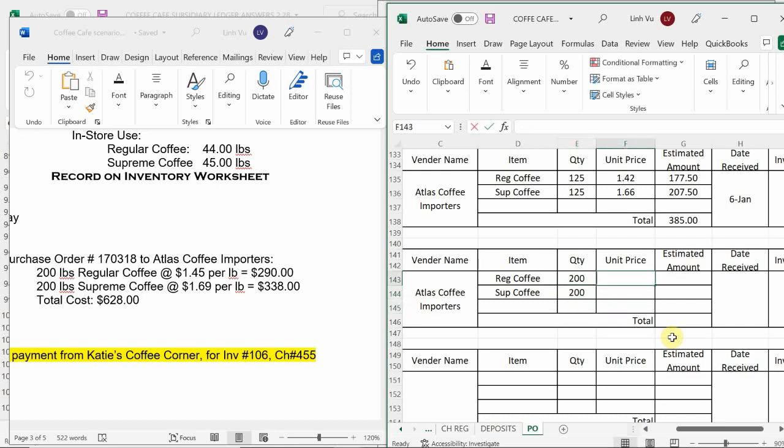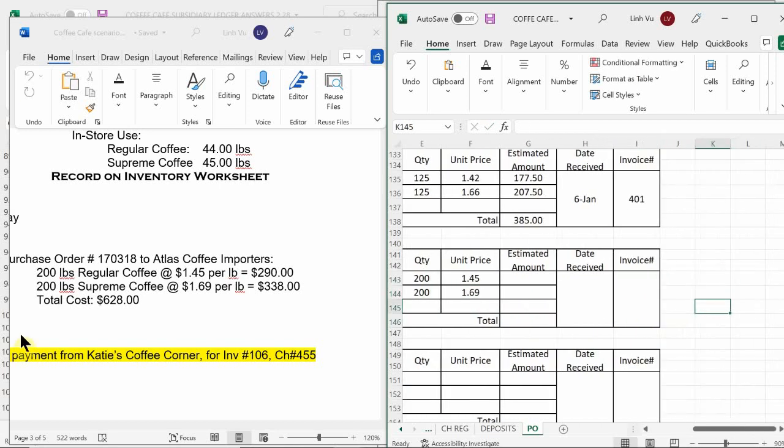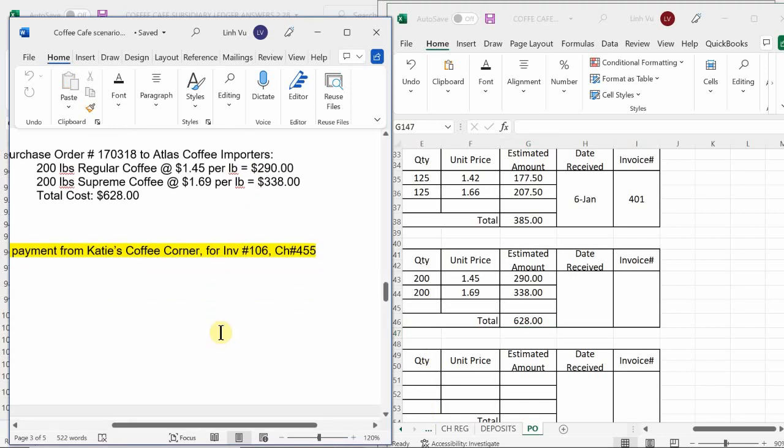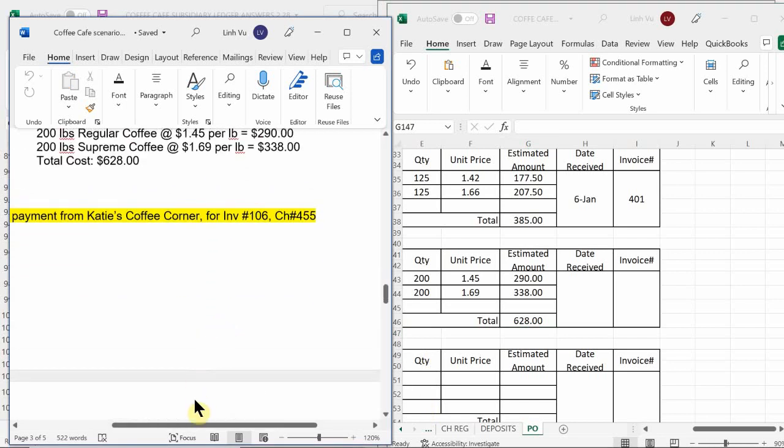The Supreme coffee is $1.69. Let's calculate those amounts, giving us a grand total of $628 even, which matches our scenario worksheet.